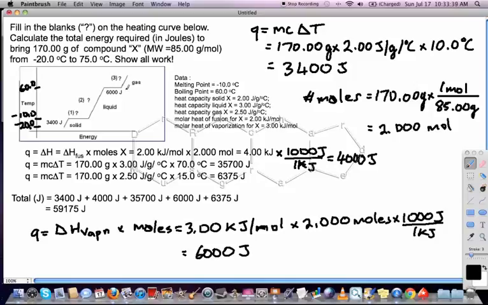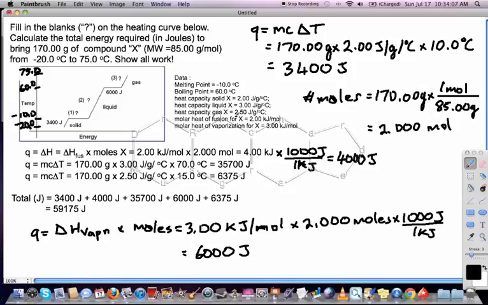Now the last part is to take the gas, which is going to be at 60.0 degrees, and heat it to this point. Well, what is this point? This point is actually given by the end, which is 75.0 degrees. So I know that that's going to be 75.0. We're looking at heating the gas, so we're going to be using Q equals mc delta T. The mass is still 170.00 grams.